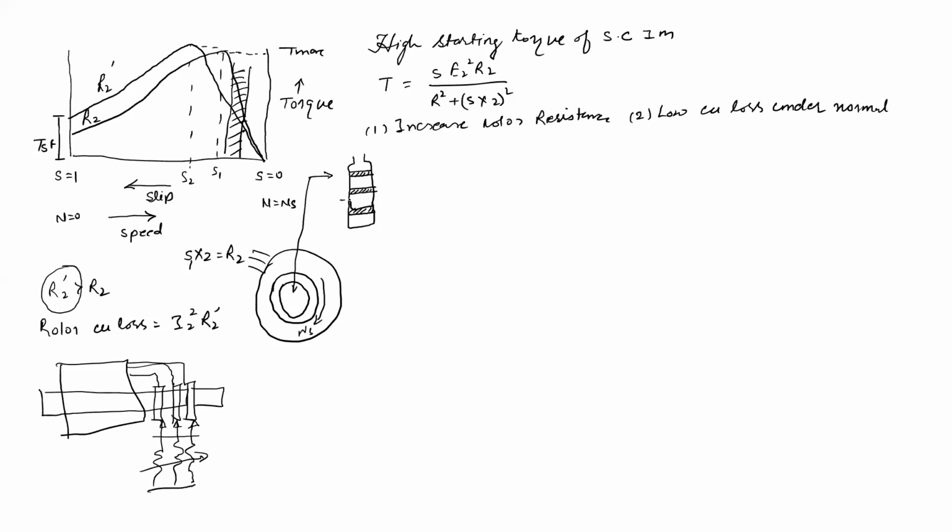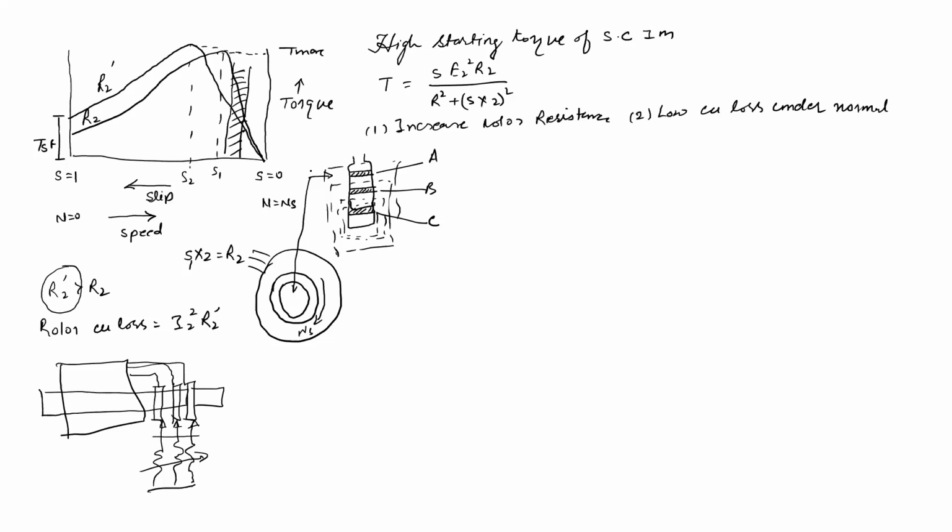Here we find that the number of flux linkages to the inner bar is very high compared to the outer bar of the rotor circuit. Means in the rotor circuit, with the bars A, B, and C, bar A links with the least magnetic flux, B links somewhat higher, and C links with a still higher number of fluxes.